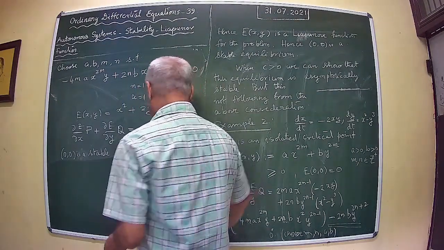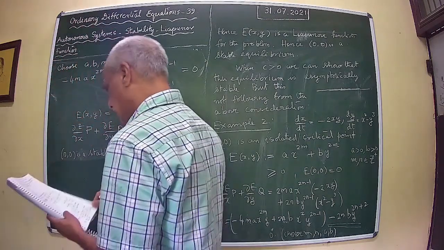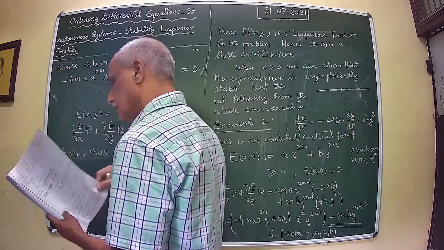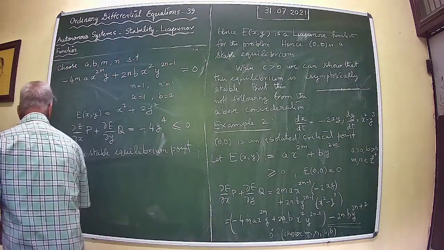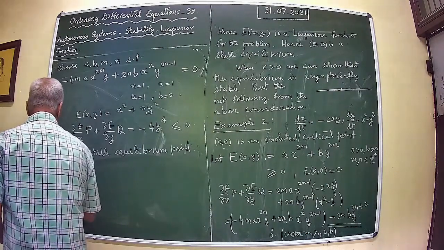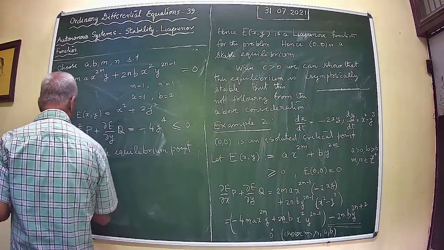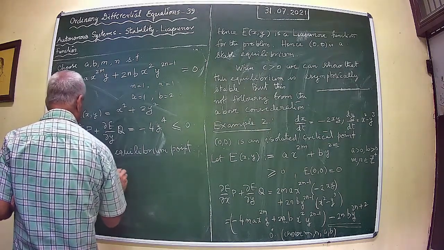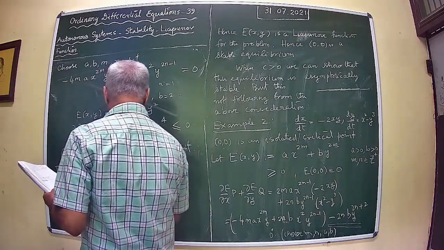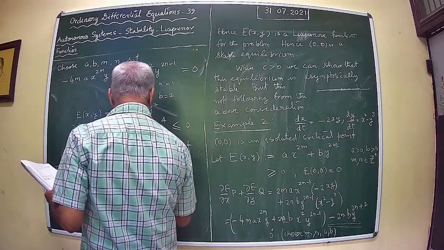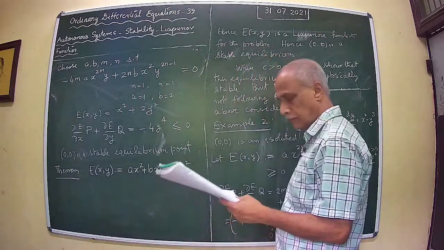So that's the art. So let me now just give a theorem which is useful in fixing such functions. So E(x, y) equals a x square plus b x y plus c y square, a quadratic expression.